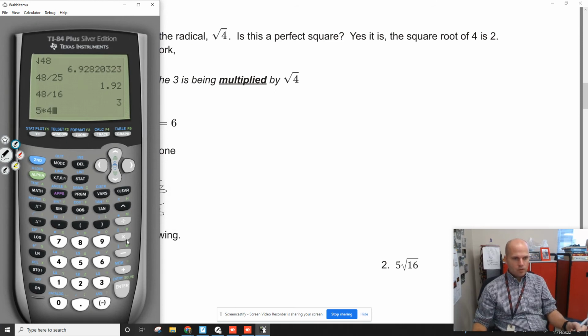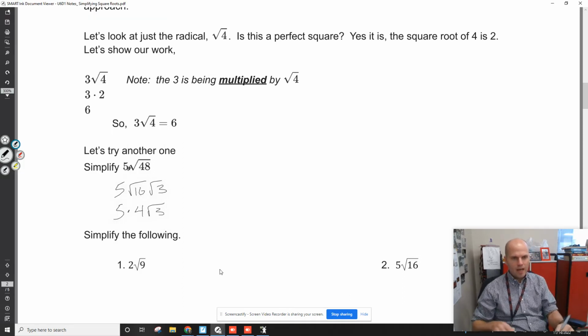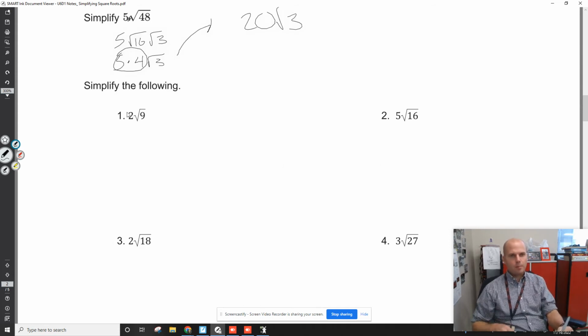Now watch, 5 times 4 times root 3 is the same as 5 root 48. But guess what? I know what 5 times 4 is, so I can multiply those together to get 20 root 3. So we're not going to panic. We're just going to either figure out what it is, and then we know what it is.